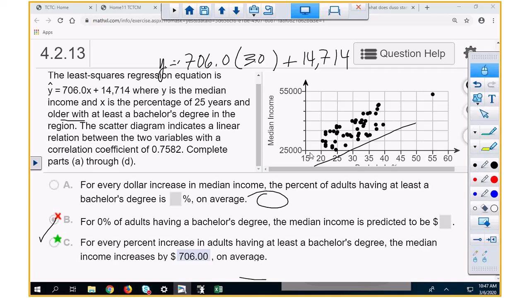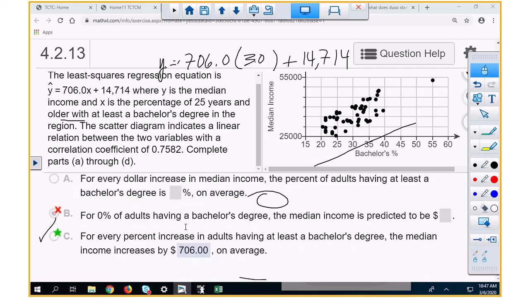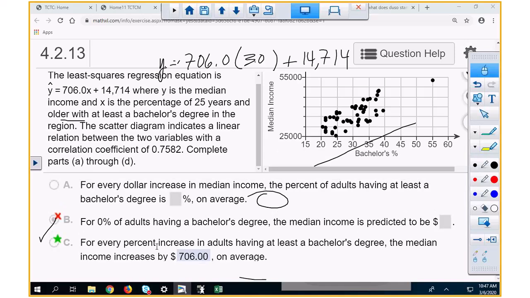That means for every unit you go to the right, your vertical goes up $706. So which one is that? That's C. For every percent increase in X, the median income increases by 706. That is the definition of rate of change or slope. Rate of change and slope is the same thing.